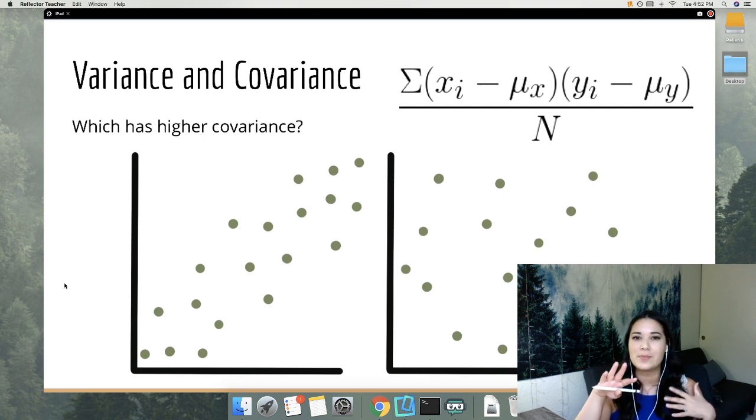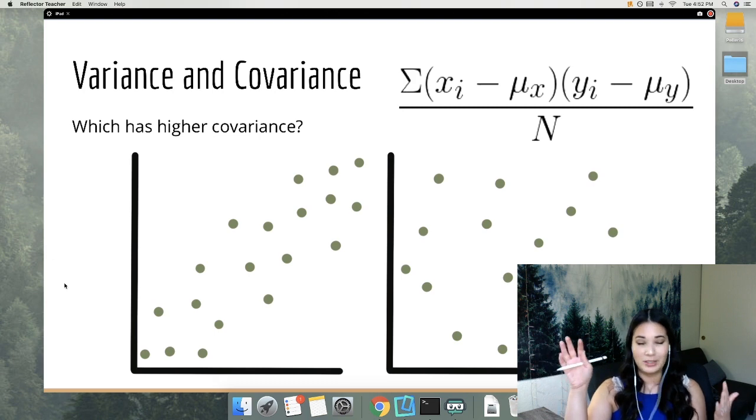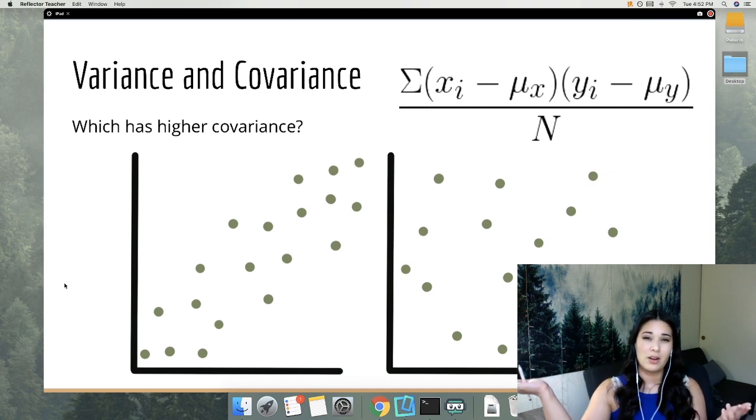If we have two things that are negatively related, like the number of years you've been driving and the amount you pay on your car insurance, hopefully you can say that that has very negative covariance because as one of those things goes up, your age, the other thing goes down, hopefully the amount you pay for car insurance. If we have two things that have absolutely no relationship to each other, then we're going to have zero covariance, because as one goes up, the other one just kind of stays the same, and it doesn't matter because there's no relationship between them.